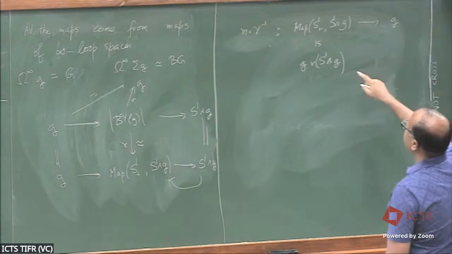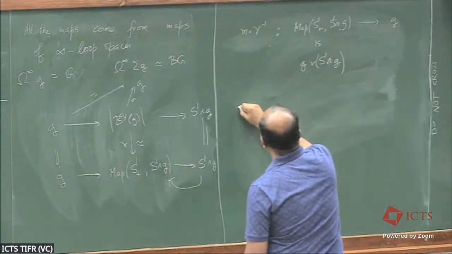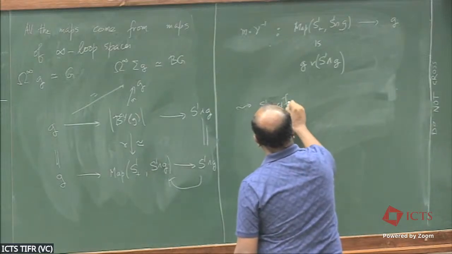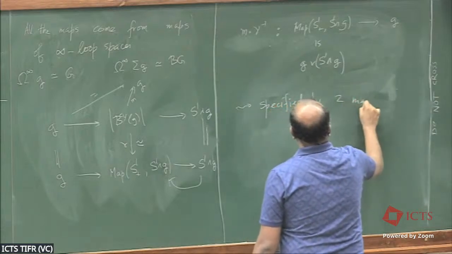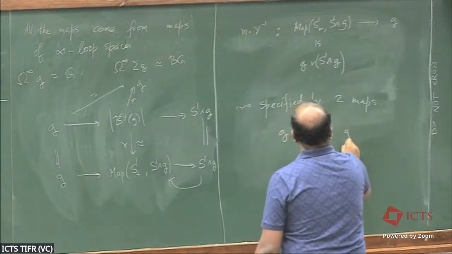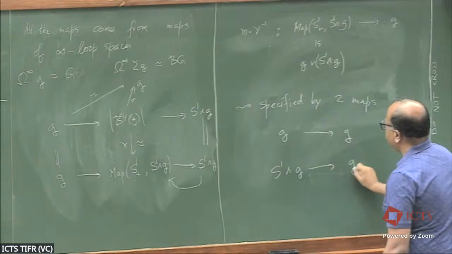So now this M circle gamma inverse is specified by two maps, G to G and S1 smash G to G.